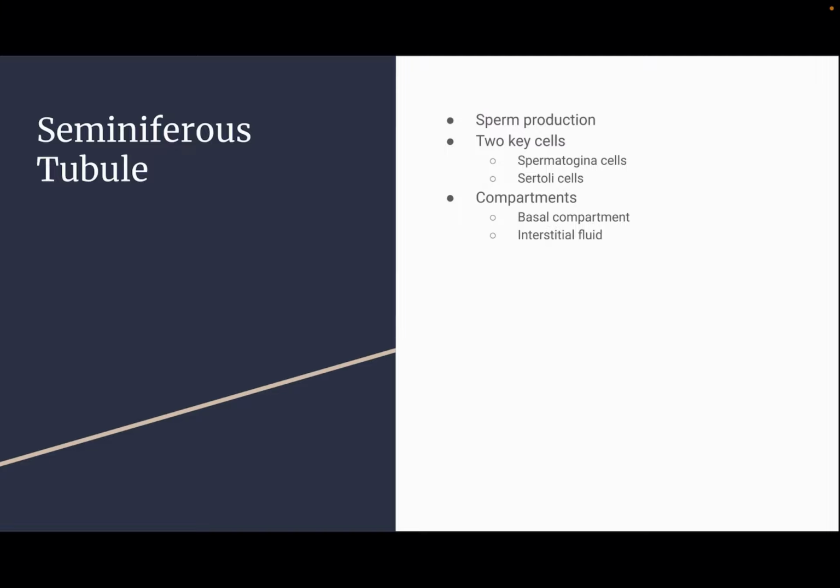Again, this is on the subject of sperm production and the two key cells: the spermatogenic cells and the Sertoli cells. The Sertoli cells are extensions from the outer edge of a tubule to the lumen.